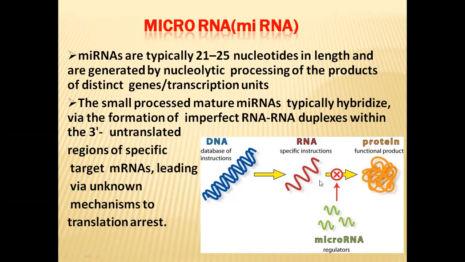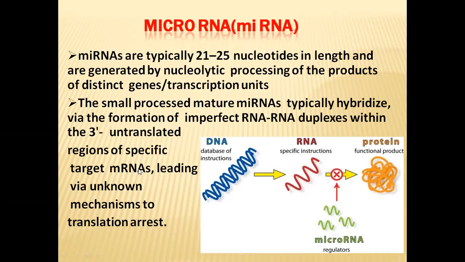They will react with the mRNA and destroy it. First they form a bond with this mRNA, so RNA and RNA duplexes will be formed. In this RNA-RNA duplex, one is mRNA and the other is this microRNA.